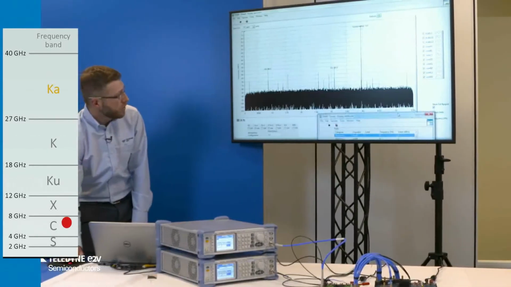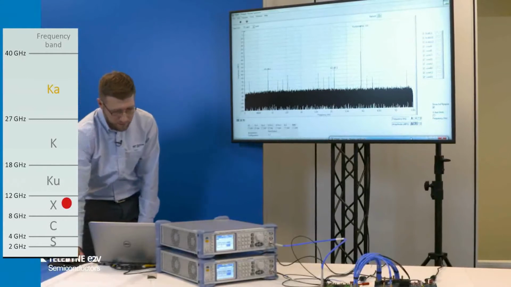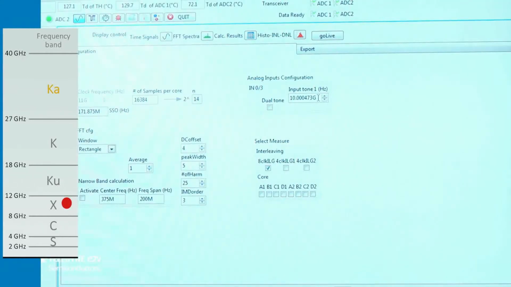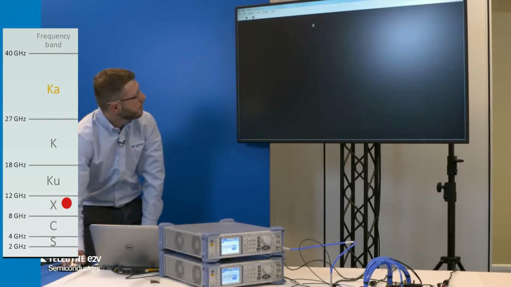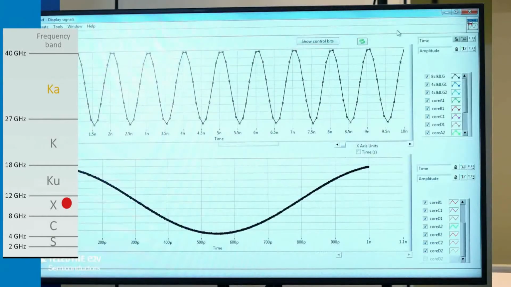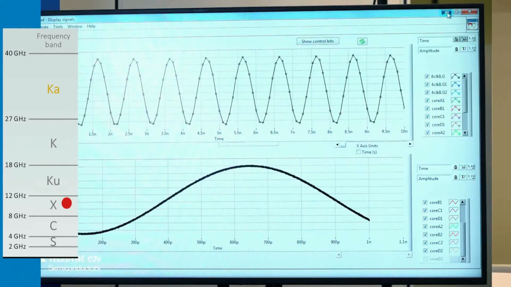Now I will move up in the frequency to show you the X band, so around 10 gigahertz. Now I've changed the frequency on the signal generator to 10 gigahertz. You can see here the input tone at 10 gigahertz in the time domain signal.